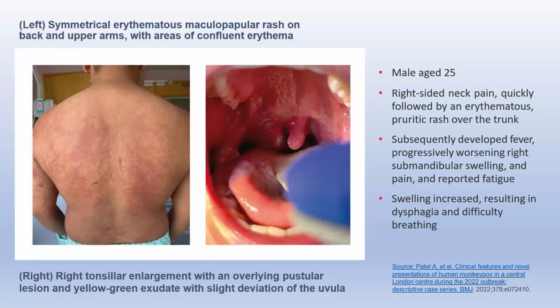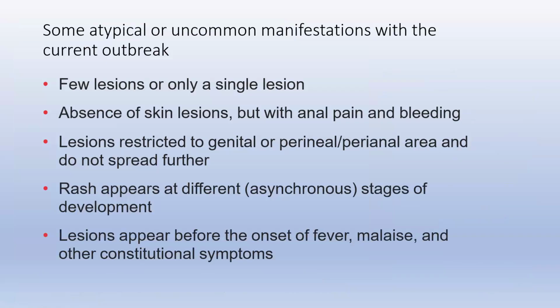The only presentation that they may get, especially in the initial stages, may be this confluent maculopapular rash. Other atypical presentations, you may see few lesions or only a single lesion.